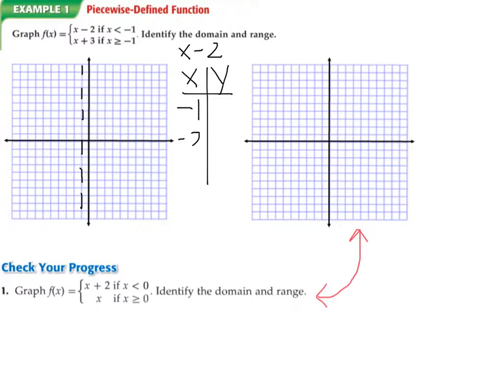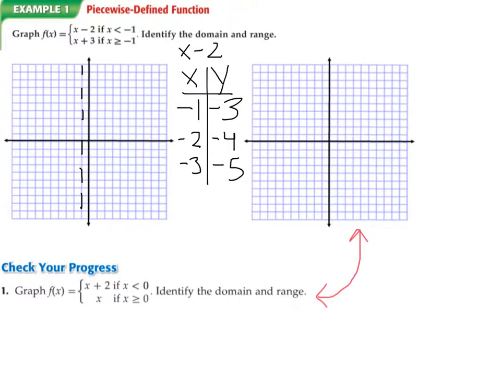In this case, I'm just going to choose negative 2 and negative 3. You could choose negative 5, negative 8, whatever you wanted, but these are going to be the simplest. So then finding our y, we know we'd have negative 1 minus 2, which is going to give us negative 3. We'd have negative 2 minus 2, which is negative 4. And negative 3 minus 2, which is negative 5.